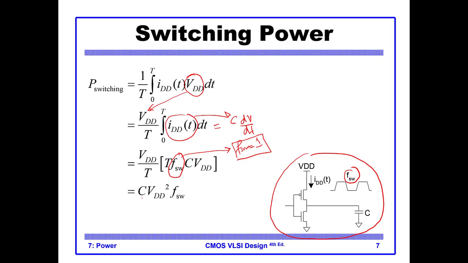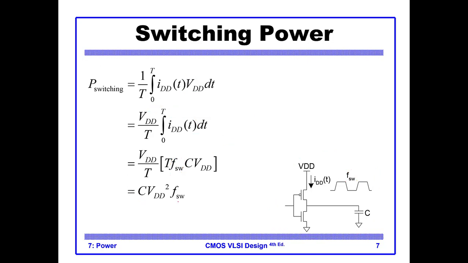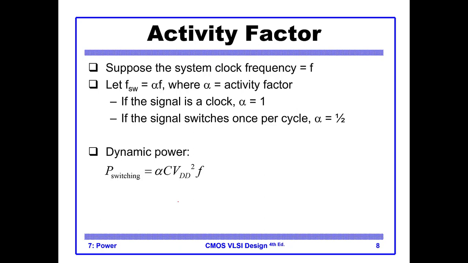So P switching is C VDD square F switching. Remember, this is the formula for the dynamic power consumption. The final formula was this: P switching is alpha times C times VDD square times F.